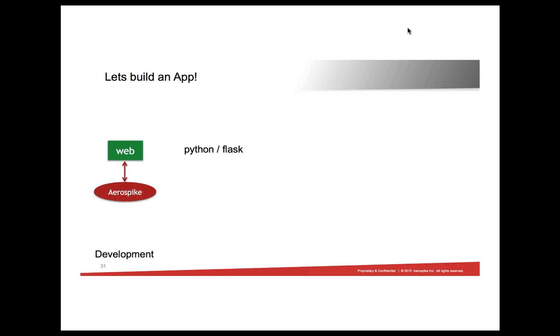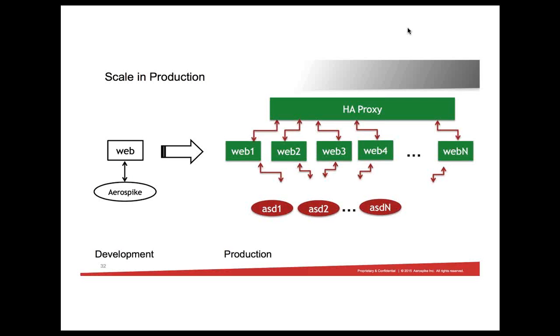So we'll start with a diagram with a web container and an Aerospike container, and end up with a production deployment that looks something like this diagram. That's the goal for the next 15-20 minutes as I bash through code.